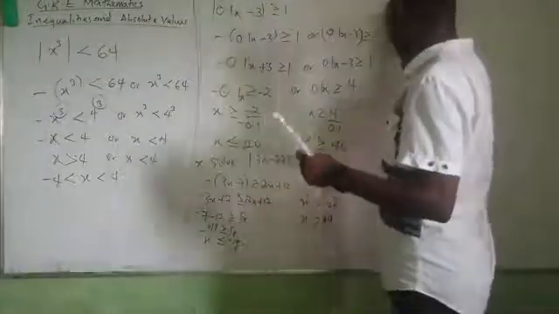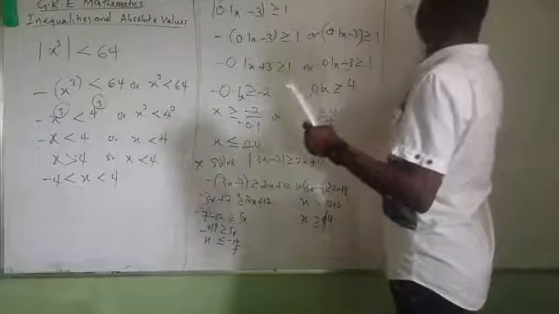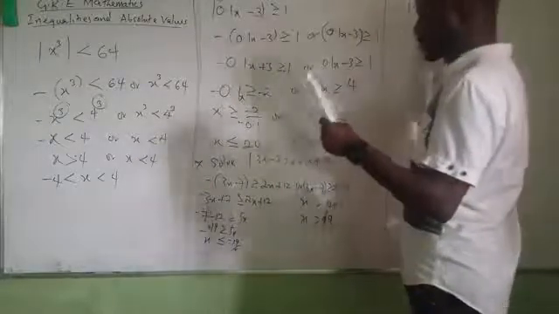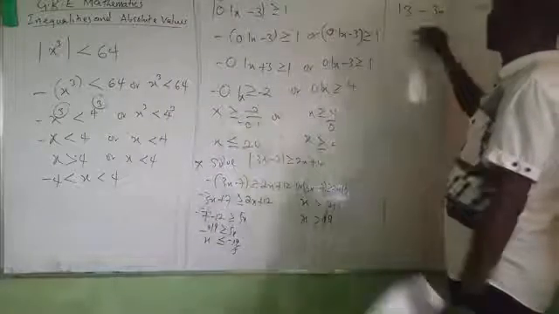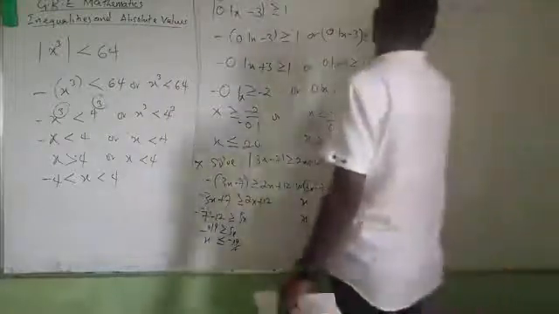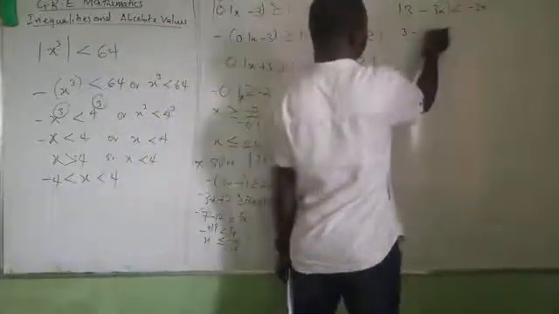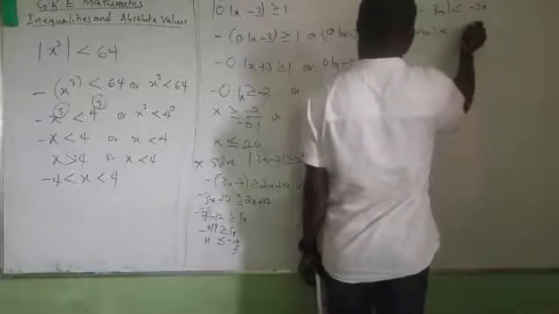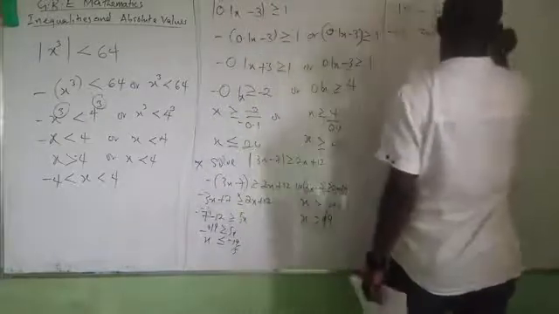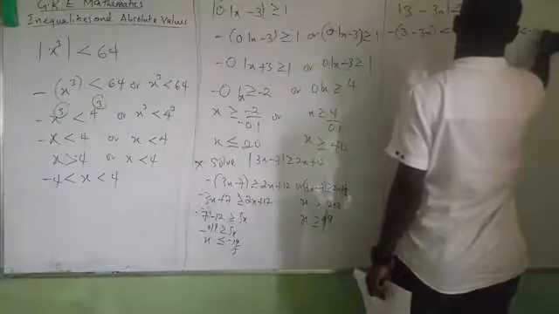Another question comes this way, which says that the absolute value of 3x is less than minus 2x. When you have something like this, since it's absolute value, we have to do the same thing: minus 3x less than minus 2x, and also 3x less than minus 2x.